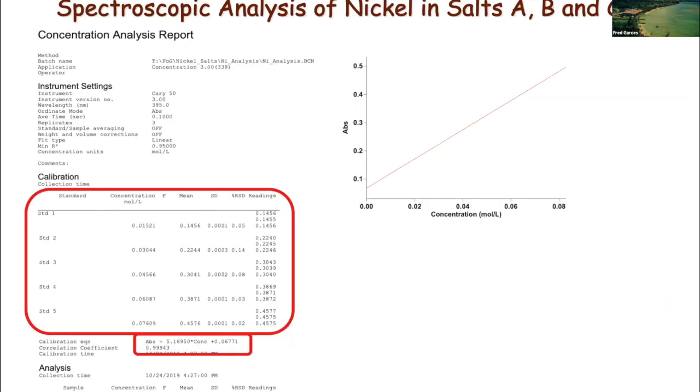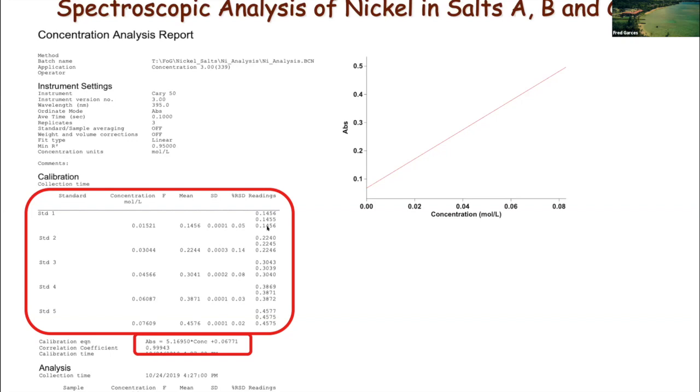Okay, this is the spectroscopic analysis. And you can see I had 5 standards here. The concentrations of these standards were 0.015, 0.03, 0.04, 0.06, and 0.07. And the absorbances are right here.